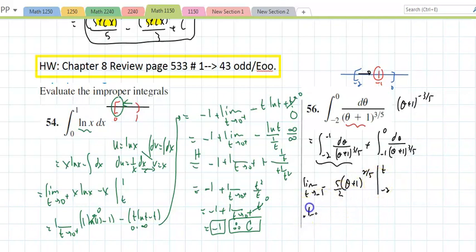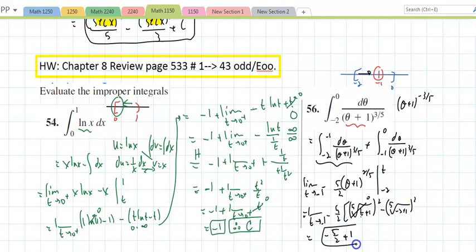And that turns out to be the limit as t approaches negative 1 from the left of 5/2 times the fifth root of t plus 1 squared minus the fifth root of negative 2 plus 1 squared. If you put a negative 1 in there, that's a 0. So that's negative 5/2 minus a negative 1 plus 1.